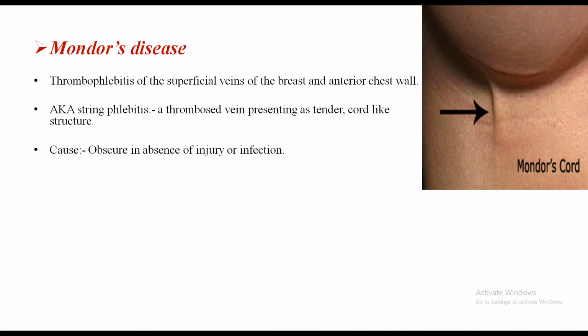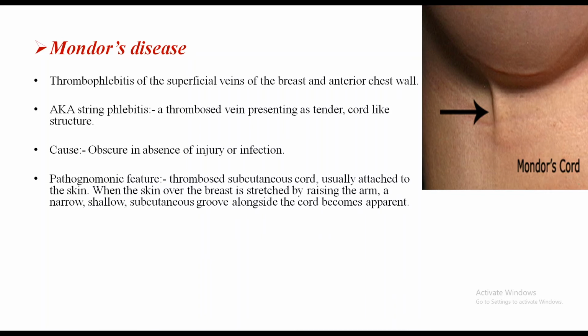The cause is obscure in the absence of any injury or infection, but the pathognomonic feature is a thrombosed subcutaneous cord usually attached to the skin. So this is a very clear picture of this. When the skin over the breast is stretched by raising the arm, a narrow shallow subcutaneous groove alongside the cord becomes apparent. So when you raise the arm, there will be a groove.